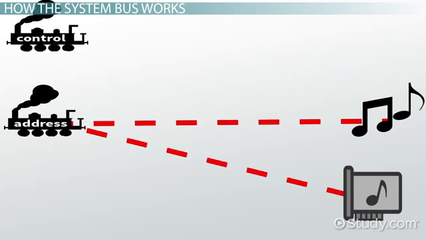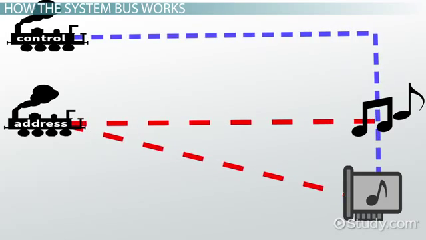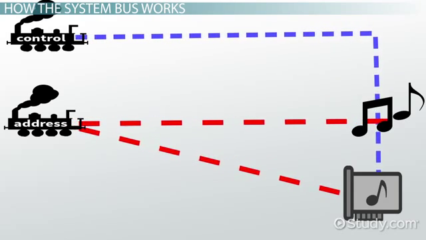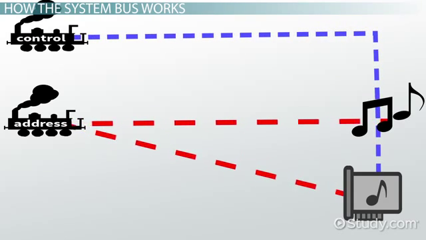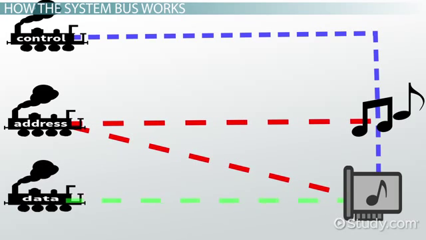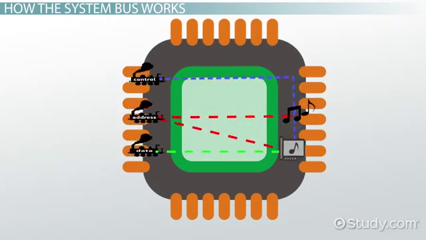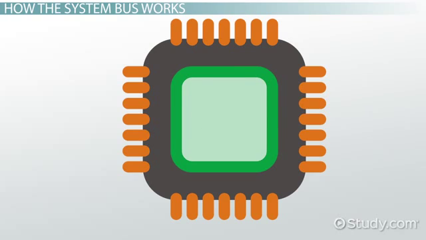We also use the control bus to tell the song on the disk how to talk to the sound card. Now, all the traffic can get underway on the data bus, allowing the song to play until it's over. All of this is managed by the Grand Central Station in the computer, the brains or CPU, but the system bus makes the actual transfers happen.